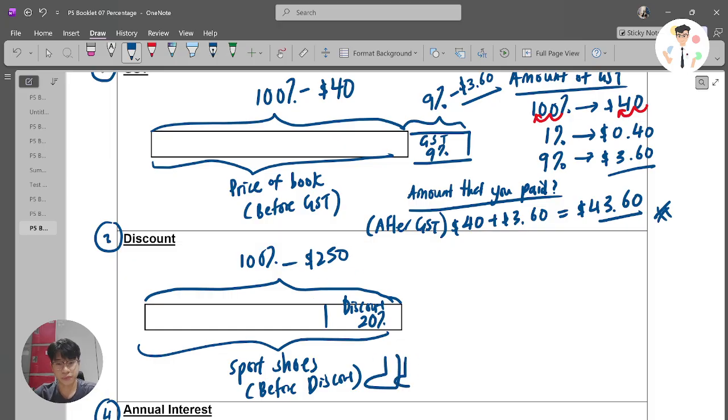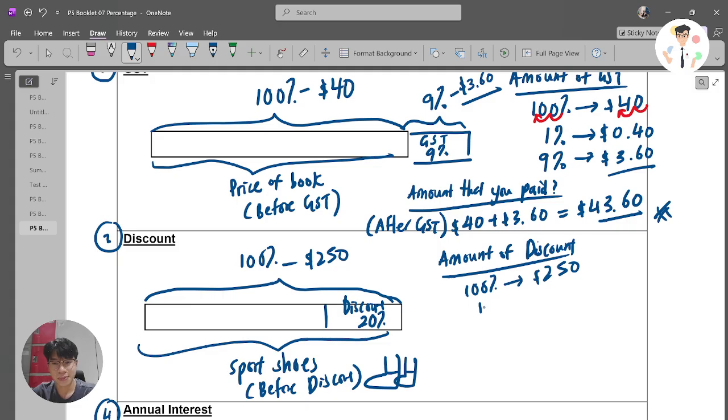Okay. But there is a problem here. This is not the final amount that I need to pay. There is a discount, right? Then the question usually will ask you, what is the amount of discount? Means that how much they try to cut off for you. Then again, 100% is 250.